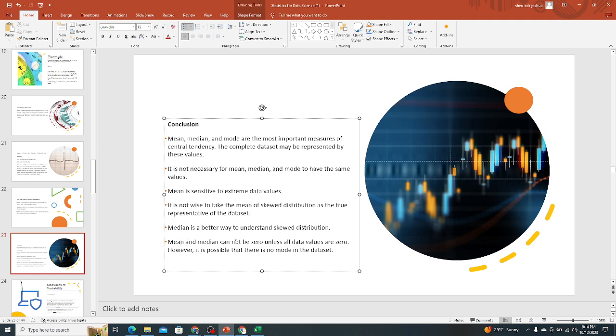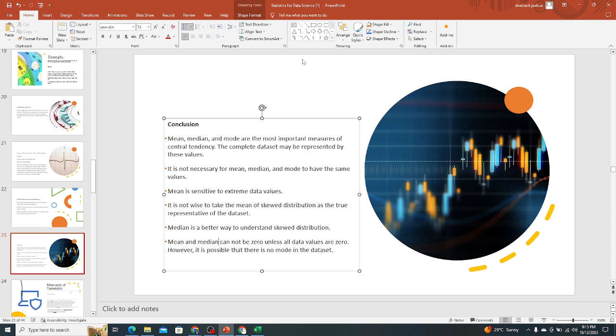Then mean and median cannot be zero, unless all the values are zero. However, it is possible that there can be no mode in a data set.